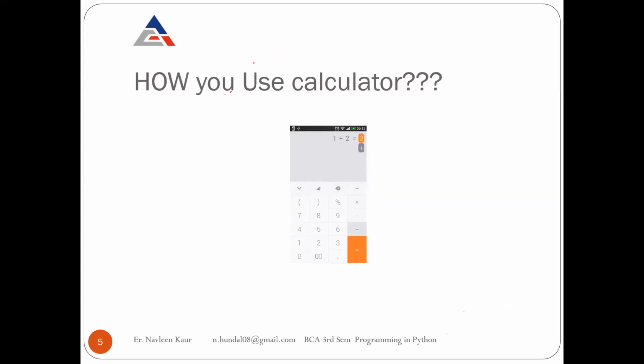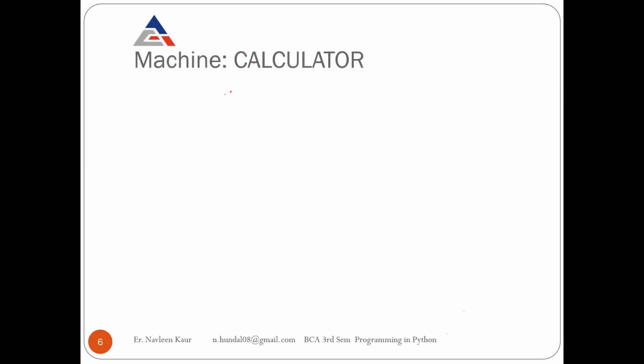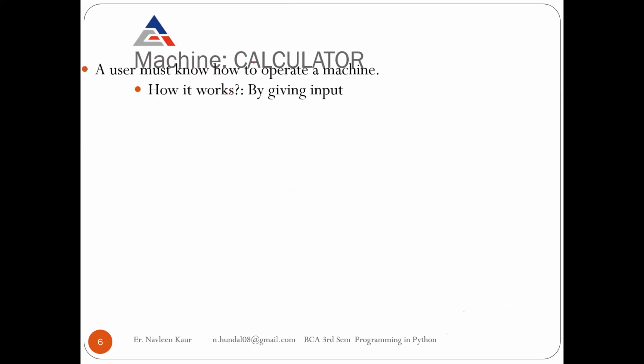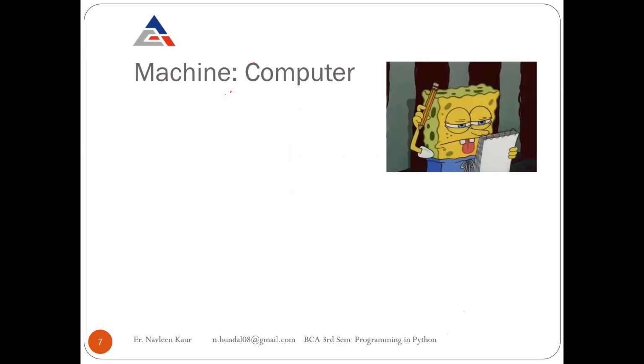So how do you use a calculator? This is how you use it. There are 2 numbers, you add them, and then it will give you the output. Okay, so if we talk about how the calculator machine works, you give it the input, and we should know how to operate a machine, and every machine has its own way of operation, right?